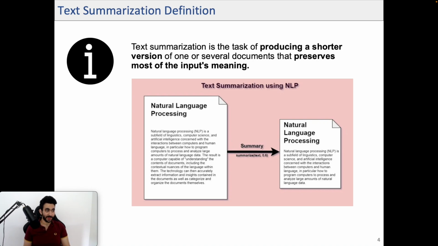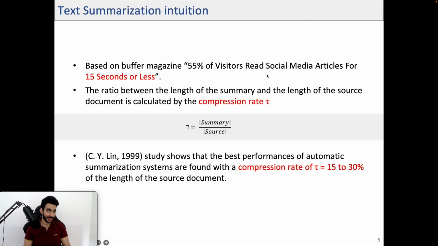If you see an example here, there's a bigger document talking about natural language processing with multiple steps, multiple points, and then there is a shorter version, which defines what natural language processing is in a more concise way. Let's go even further. Based on Buffer magazine, 55% of visitors read social media articles for 15 seconds or less.